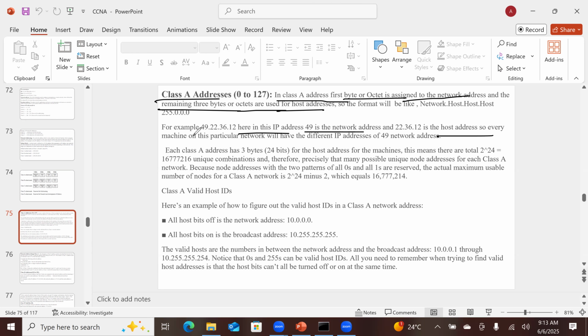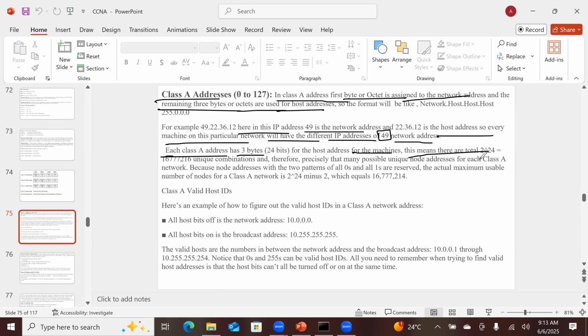So every machine on this particular network will have a different IP address from this 49 network. Getting my point? 49 is the network address. Each class A address has 3 bytes for host. 3 bytes means 24 bits for the host address of the machine.